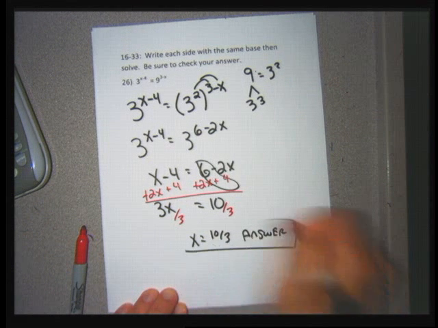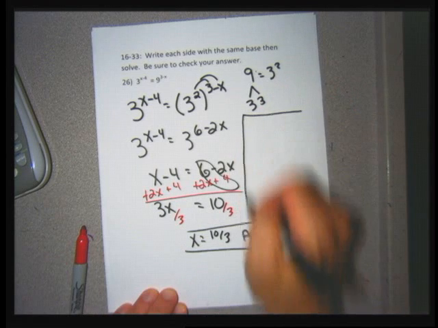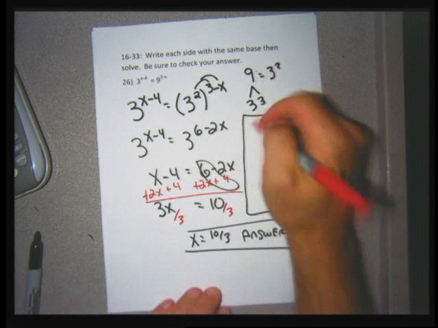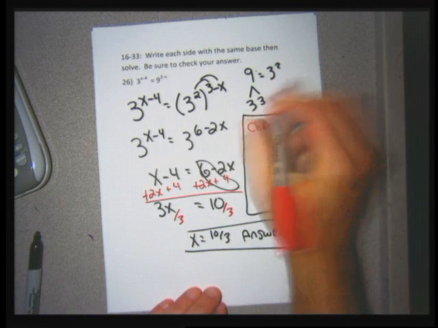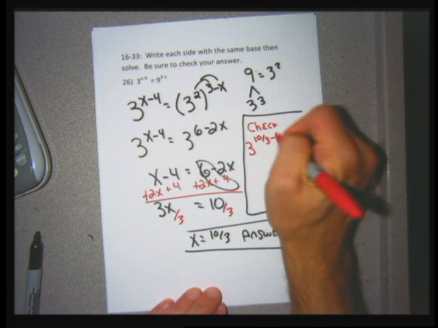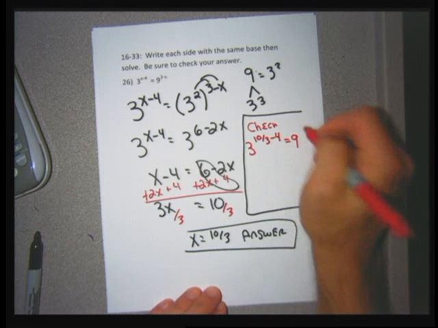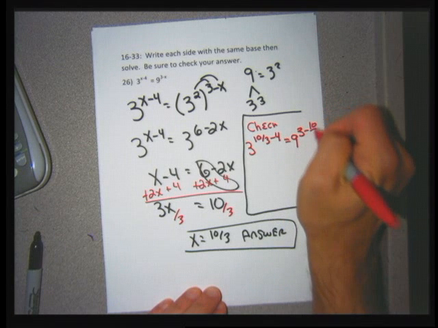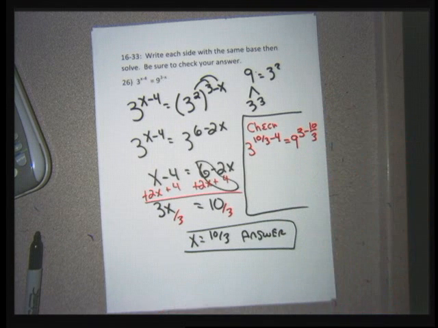Didn't leave myself as much room to check, so I'm going to sneak my checking in right here. For checking, it should be the case that 3 to the 10 over 3 minus 4 equals 9 to the 3 minus 10 over 3. Both of these are going to be ugly decimals, which is not so bad. I'd prefer them not to be.